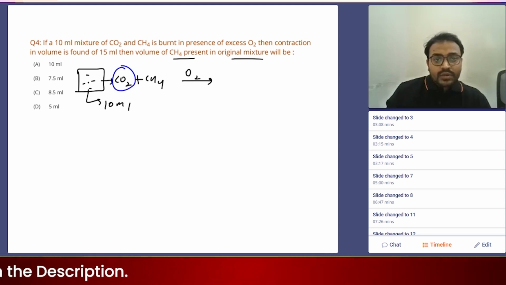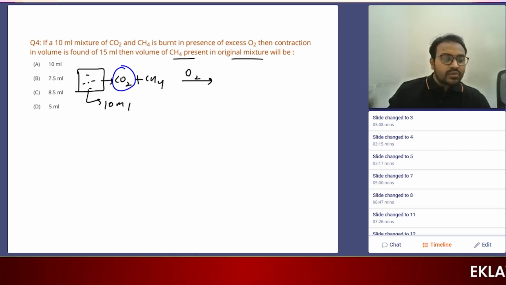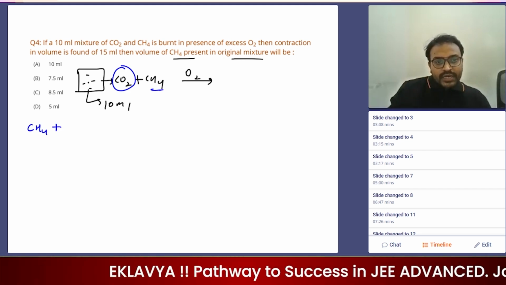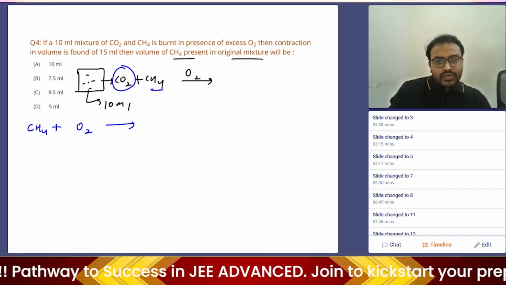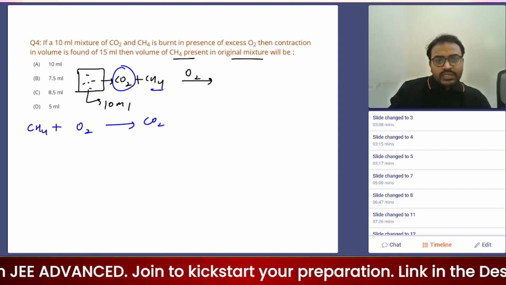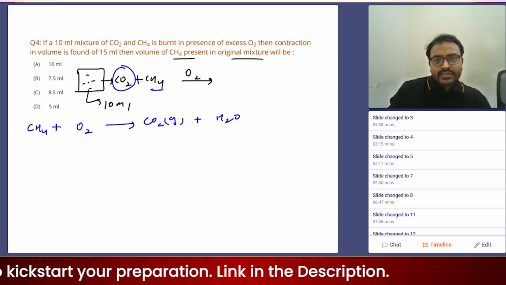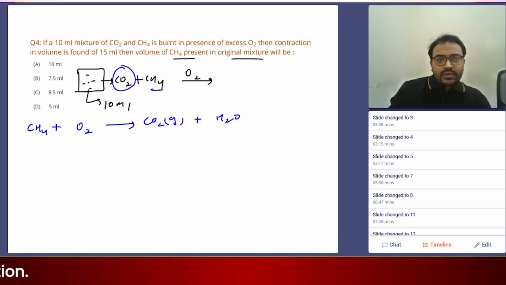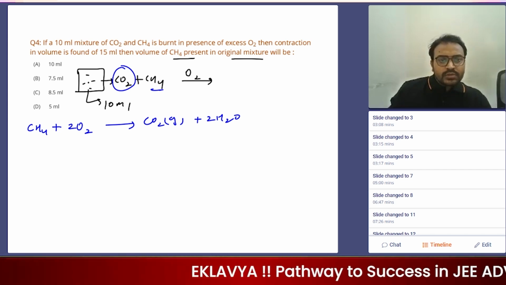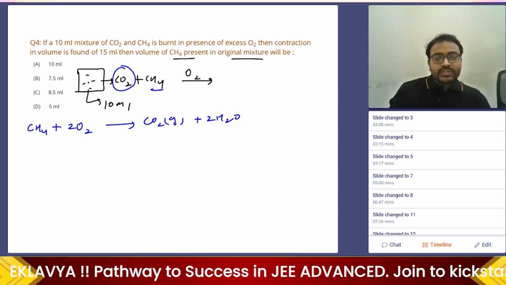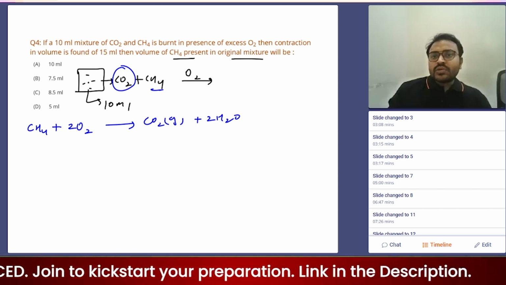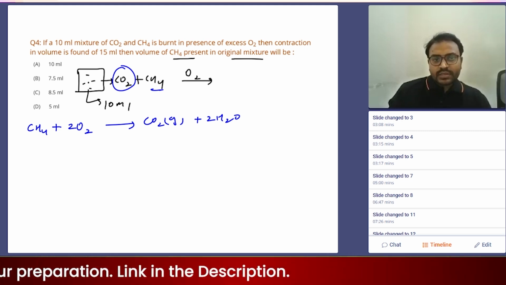One thing is important here: CO2 cannot react with oxygen, but methane is a hydrocarbon, and we know that methane can react with oxygen. There is a complete combustion reaction, converting into CO2 gas plus H2O. We can balance this reaction now: this is 2H2O and this is 2 times O2. We have to find out the CH4 volume, so we assume X amount of CH4 is present in the mixture.